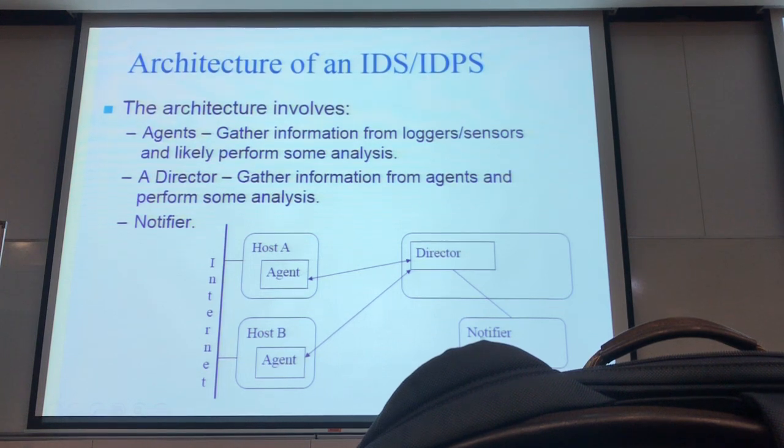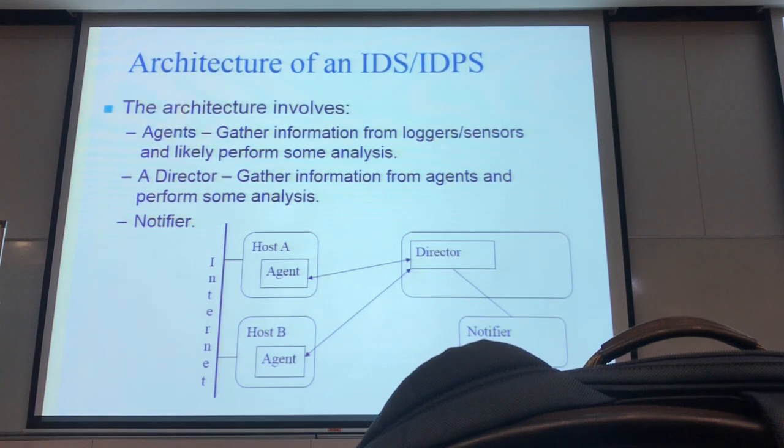The notifier's job is to tell either the user or other components in the system, like the firewall, whether some action should be taken. For example, if there is an intrusion, the notifier will inform the user, and it can also inform the firewall to block some packets or connections from the network.